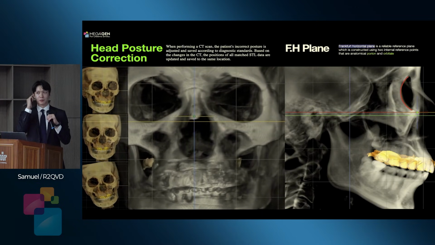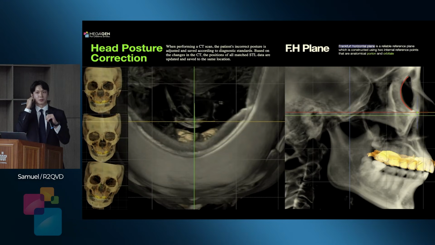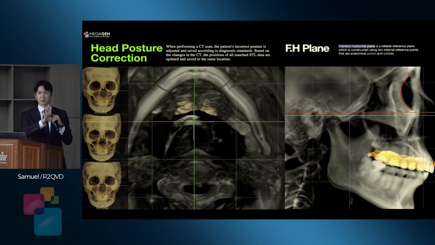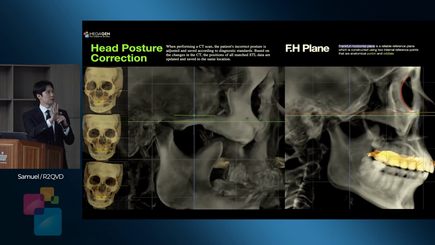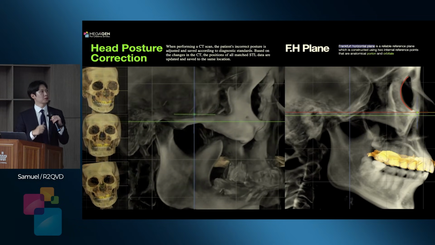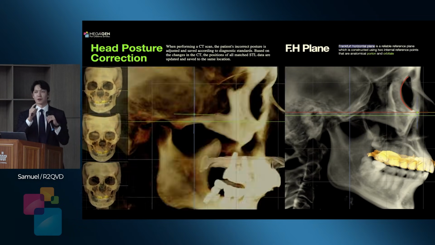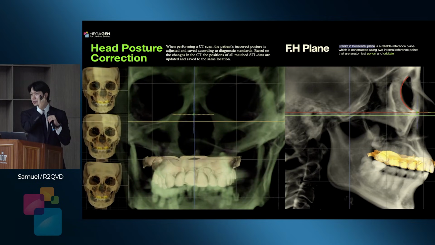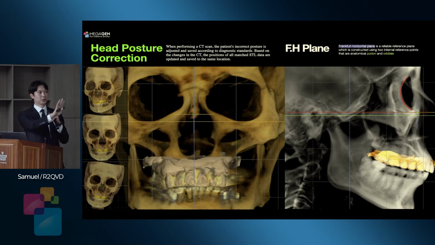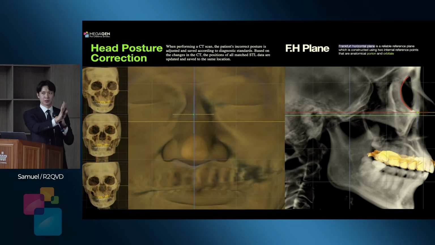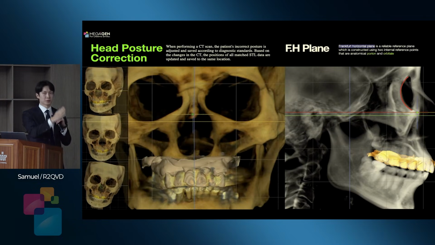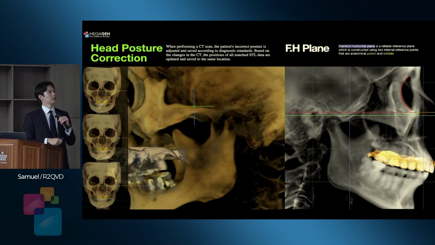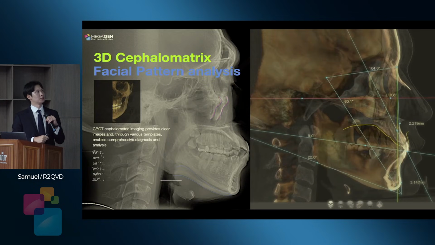That means based on these references, we can make reorientation for the patient's head posture. So using the AI, it automatically found 2 orbitale and one porion, and using this line, we just make the reorientation. After that, we can draw the midline, facial, smile line, everything. The other one is this one.